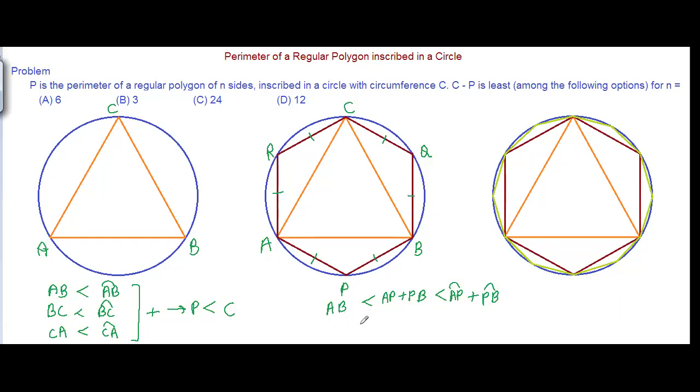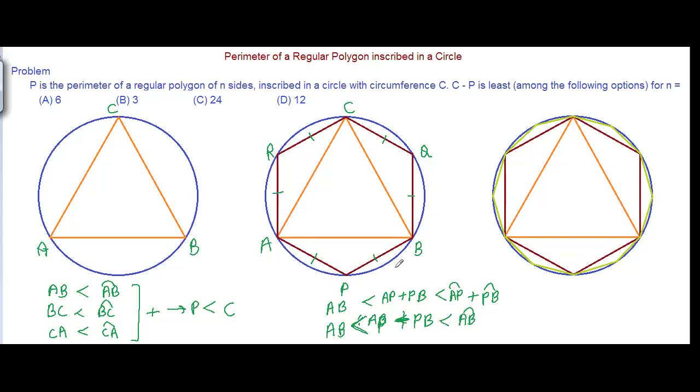So AP plus PB is less than arc AB, but this AP plus PB is more than AB.